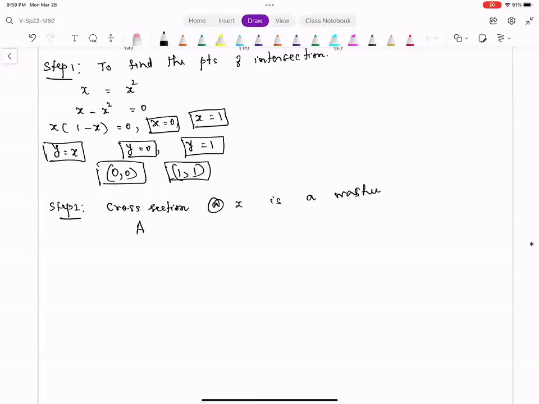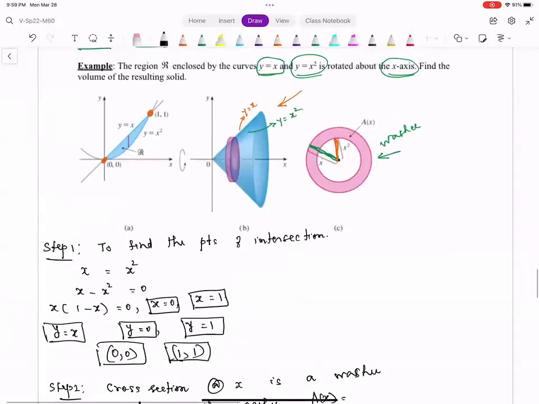So the area of the washer, we call it A of x because it's ultimately the rotation about the x-axis.